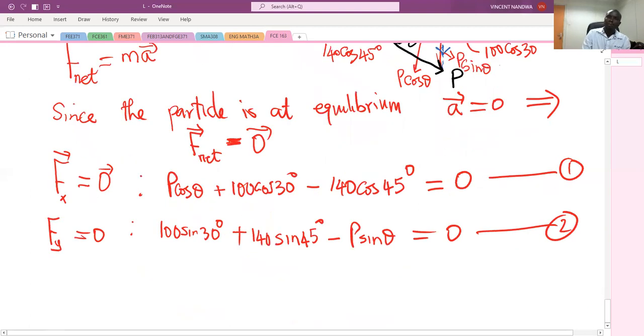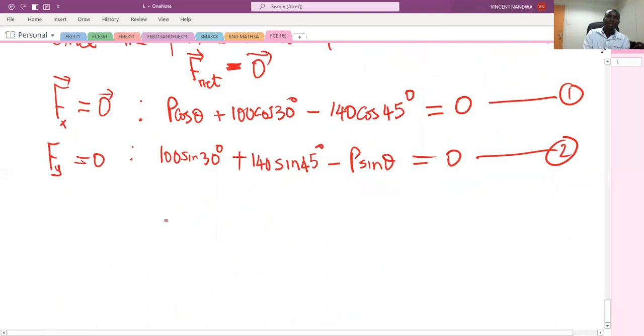So from equation 1, you see that P cos theta is the same as 140 cosine of 45 degrees minus 100 cosine of 30 degrees. This is from 1.